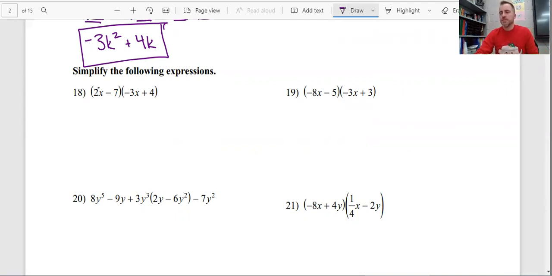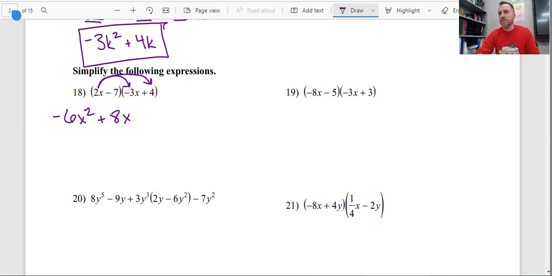So we have to do 2x times -3x, which is -6x squared. But not only that, we have to do 2x times 4, which gets us positive 8x. So that takes care of the first term there, the 2x.